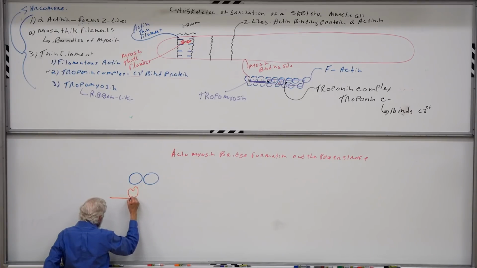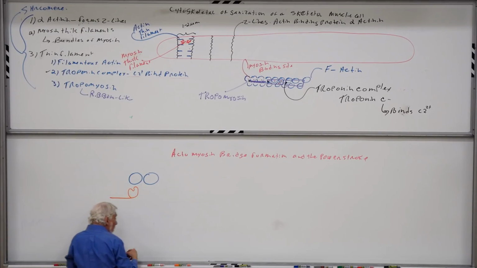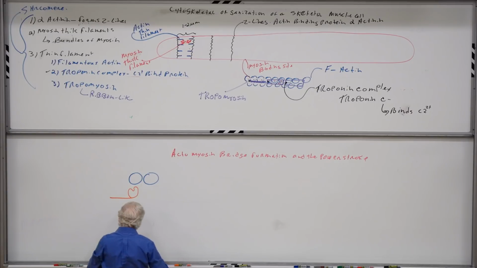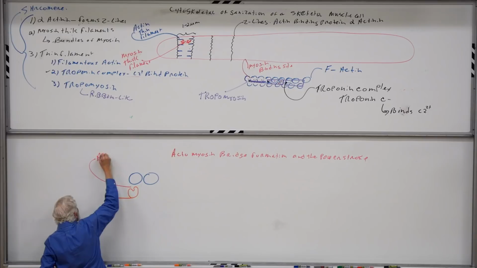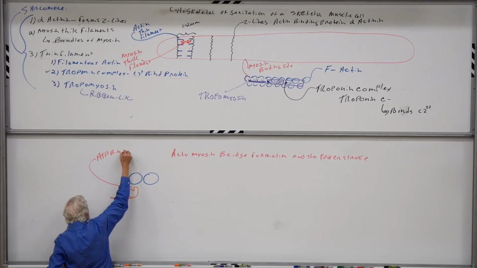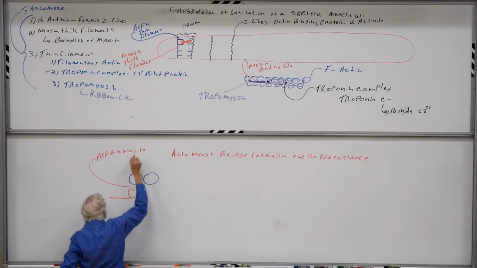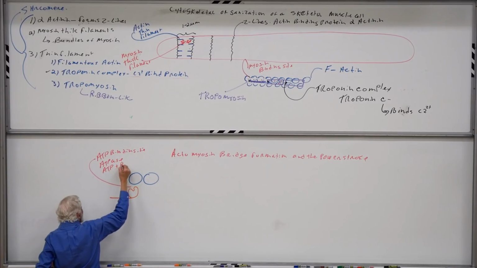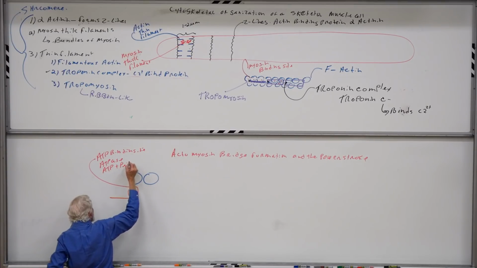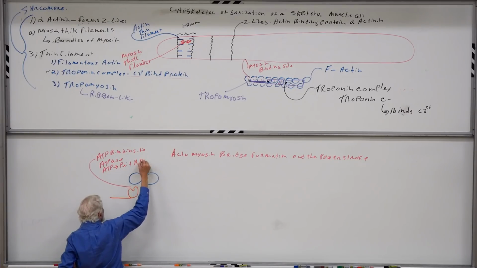Now remember, we said an important aspect of the myosin head early on. We described this region of the myosin head as having an ATP binding site. What's more, the head is an ATPase. So it converts ATP to inorganic phosphate plus ADP.